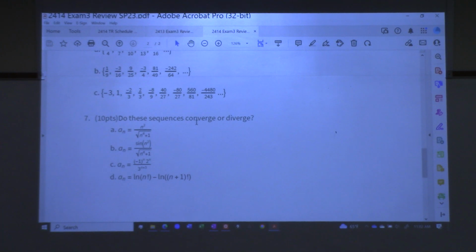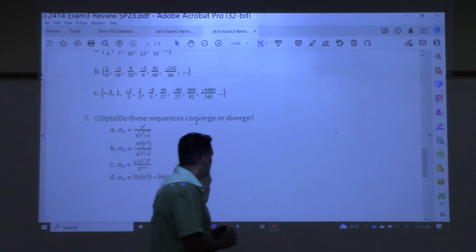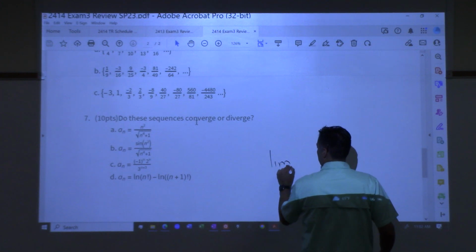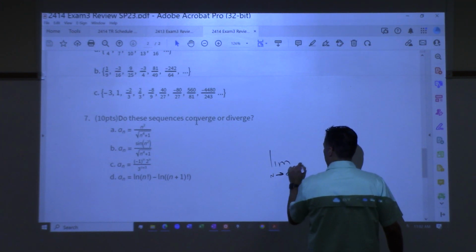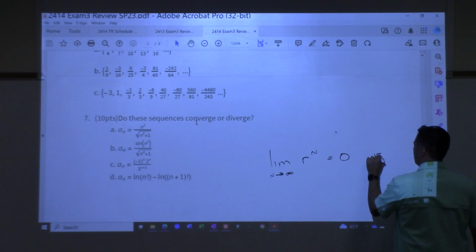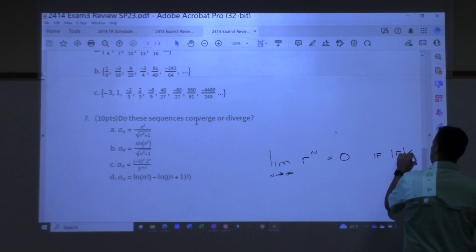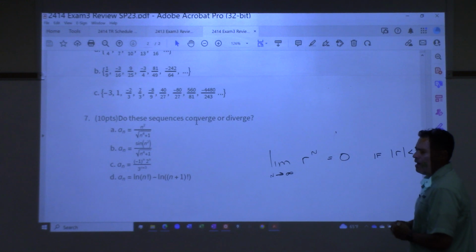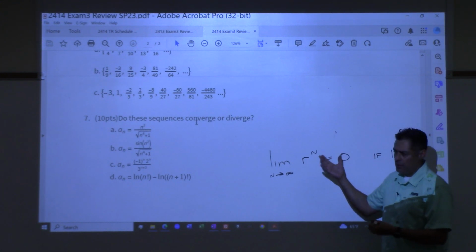You also have the absolute value test thing. r to the n, that was another thing. We know this limit, n goes to infinity of r to the n, will go to 0 if the absolute value of r is less than 1. That's in your notes. It's in the notes that I provide.